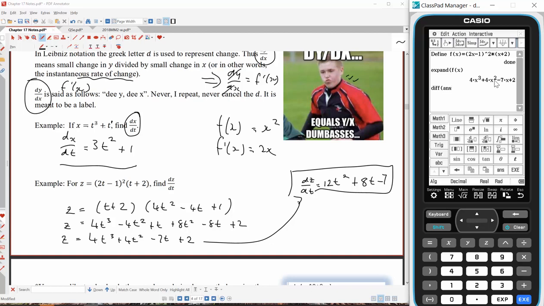So it's going to differentiate this thing here. Okay, and it is 12x squared plus 8x take 7, or in our case, we got it using the rule and did it by hand. 12t squared plus 8t take 7.